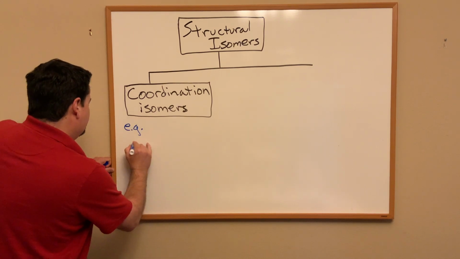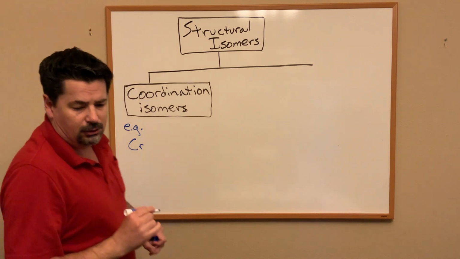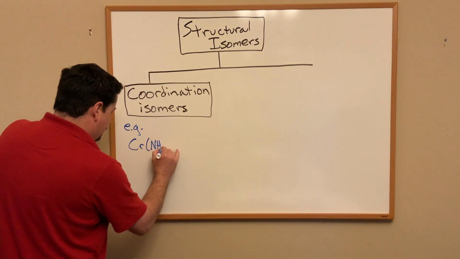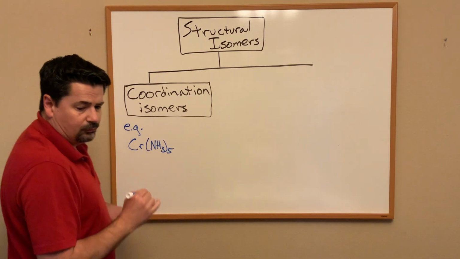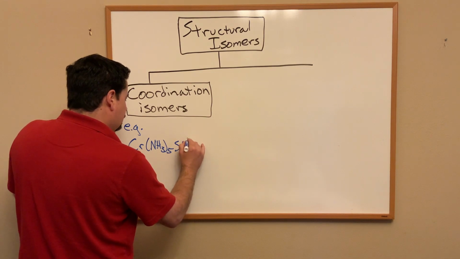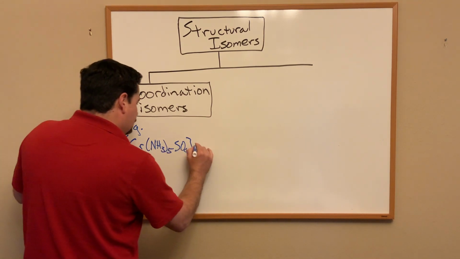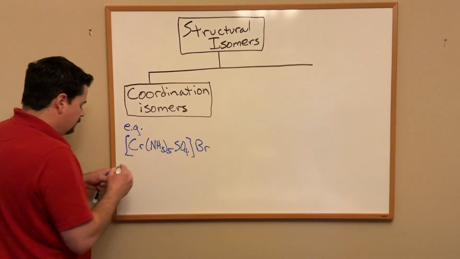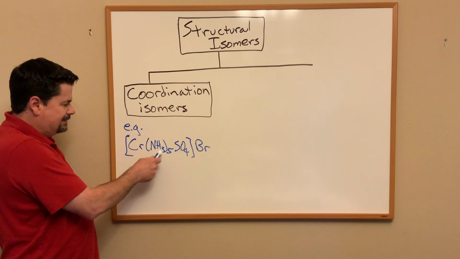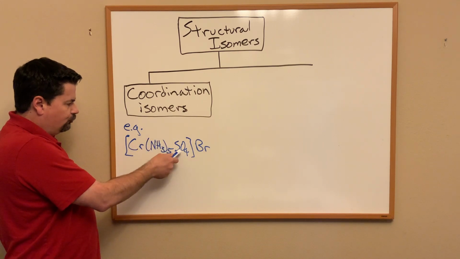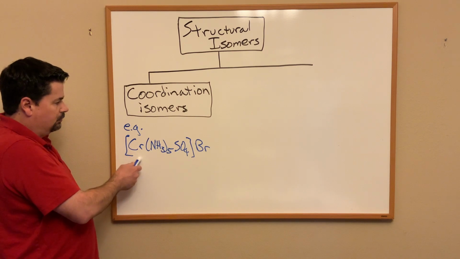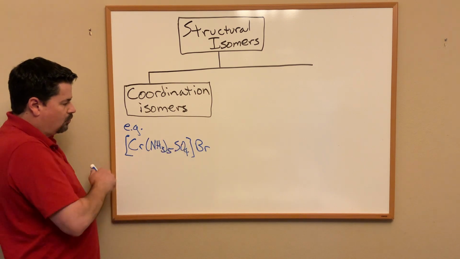for example, we could have, let's do chromium. I have my notes here. Pentaamine chromium, and we'll do sulfate, so 4 Br. Okay, so in this case, we've got a pentaamine sulfato chromium 3 bromide.